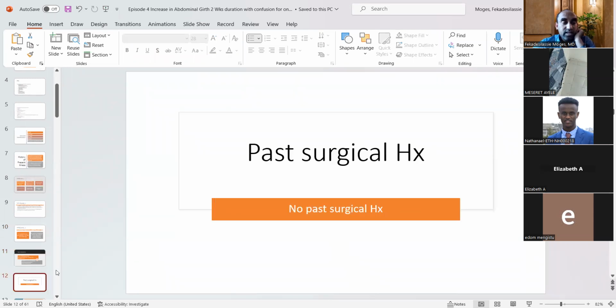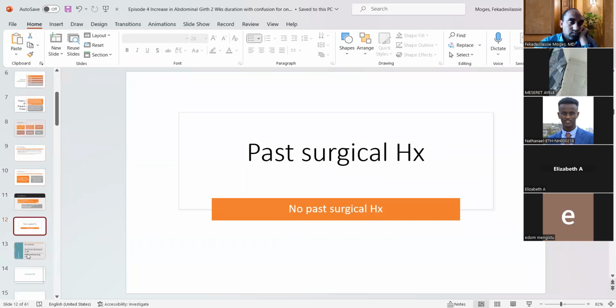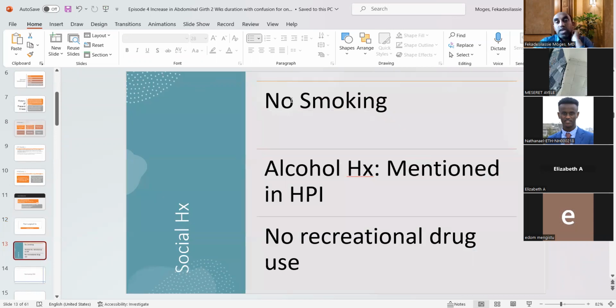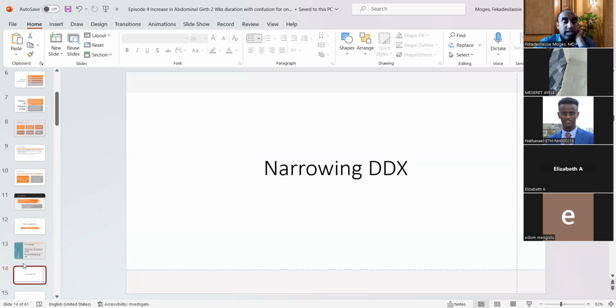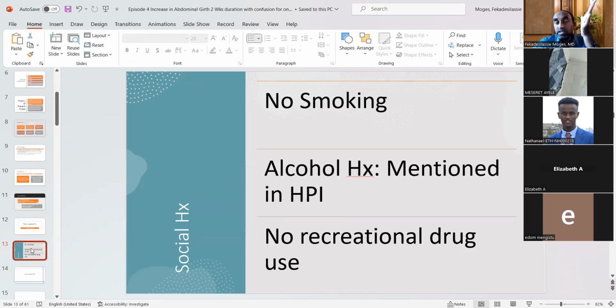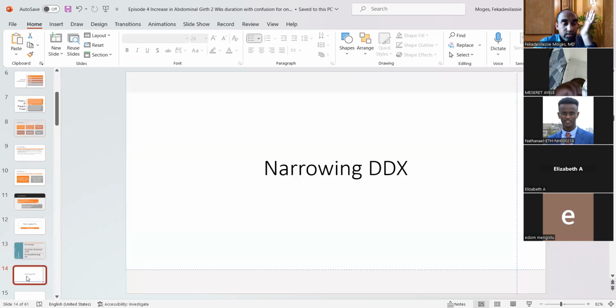Past surgical history is negative. No past surgical history. No smoking, alcohol, I told you. Recreational drug, I told you. Sexual history, we included it as part of the HPI, so we can kind of pass it, okay?